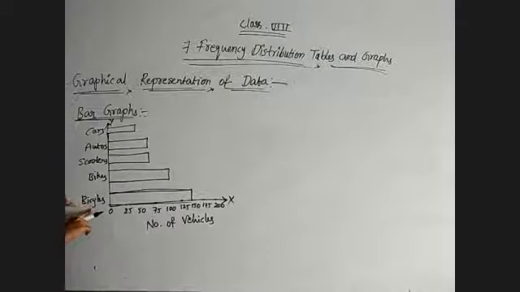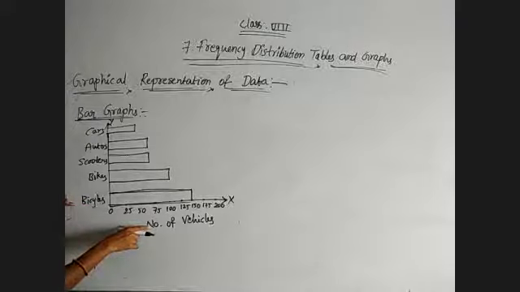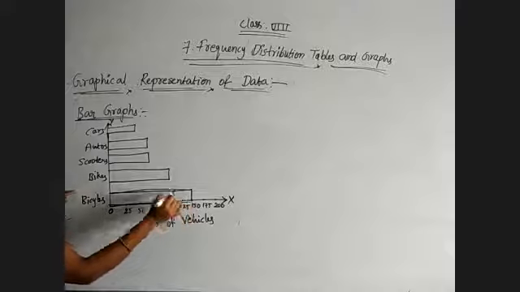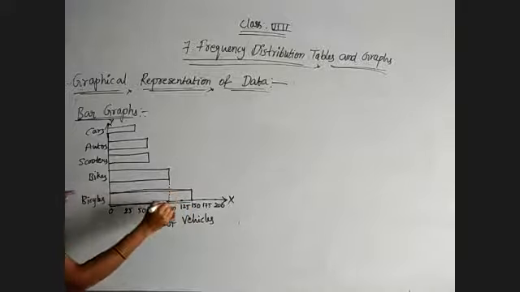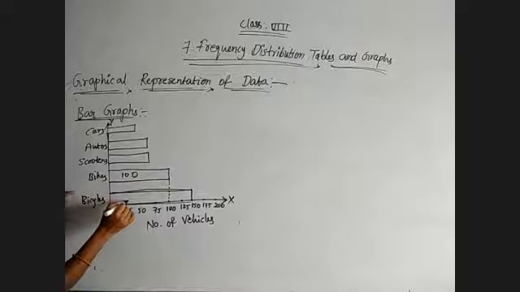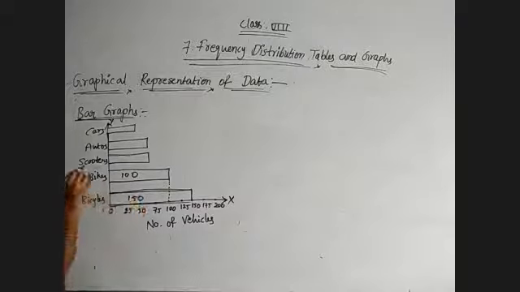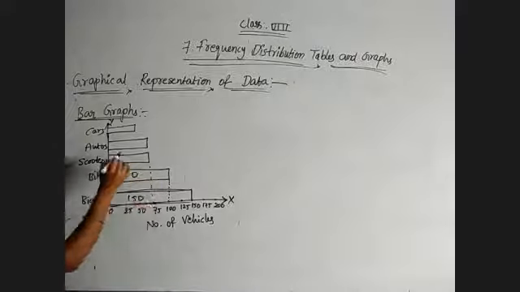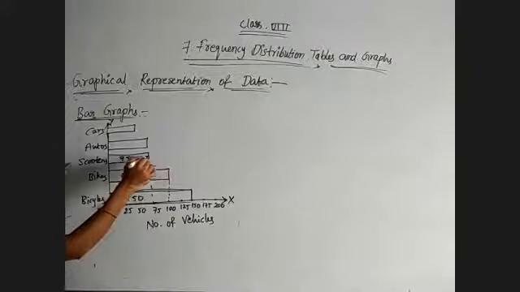Now bicycles, a total of 150 are there. Bikes are 100. How many scooters are there in that village? Just observe, 75, and these two are equal.